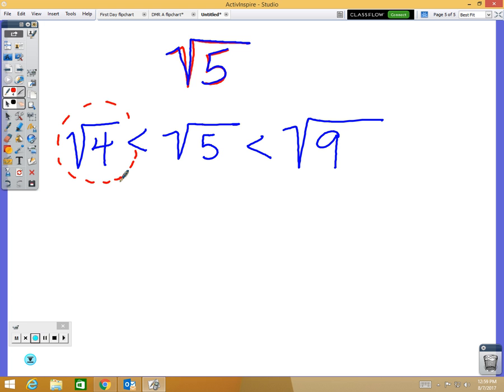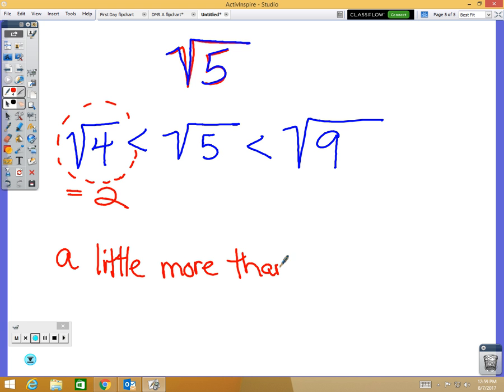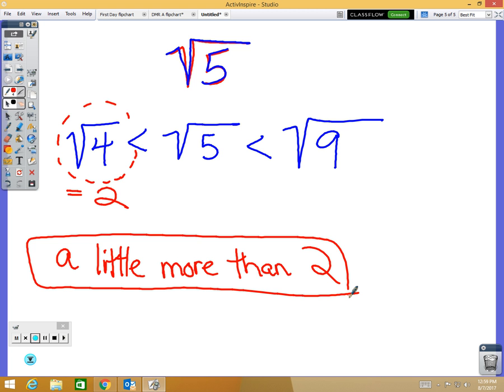The square root of 4 equals what? 2. So that means it's a little bit more than 2. Square root of 4 is 2. Square root of 9 is 3. So we know it's between 2 and 3, but it's a little bit closer to the 2.